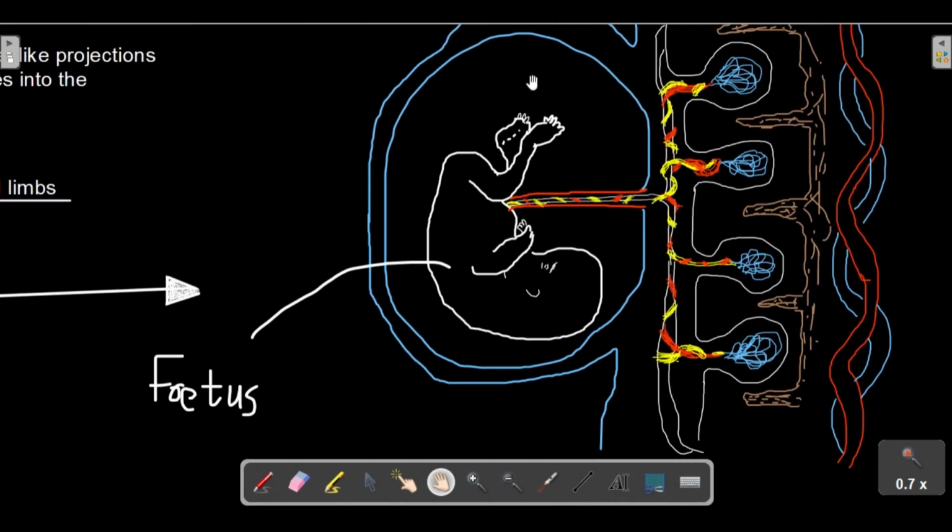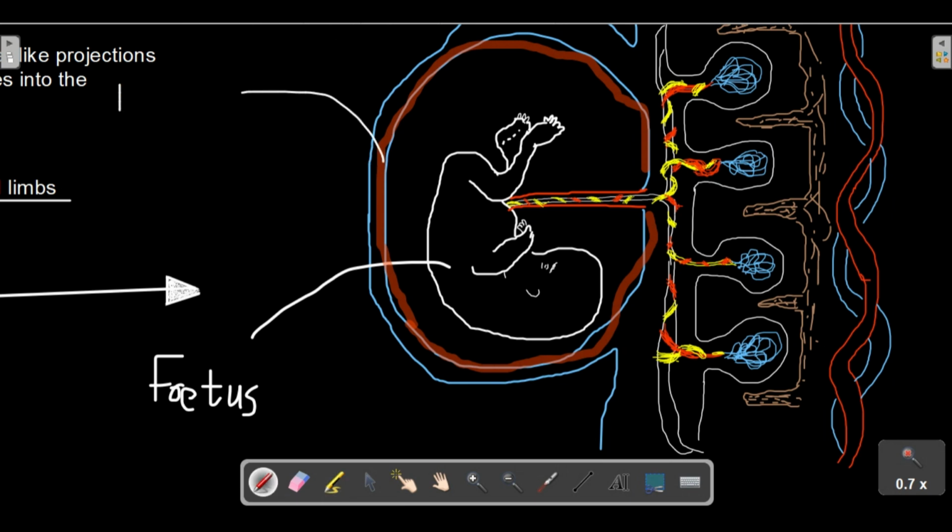Now the fetus is enclosed by this layer. Okay, so I hope that you can see this layer, right? So it's enclosed by this layer. Now this layer that encloses the fetus, we call it the amnion. So the amnion is the innermost layer that you have, and it has a fluid inside.